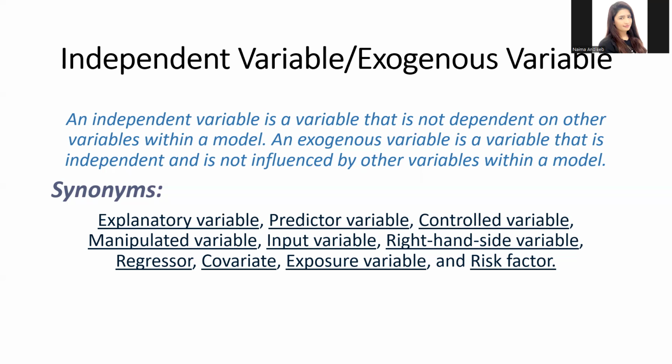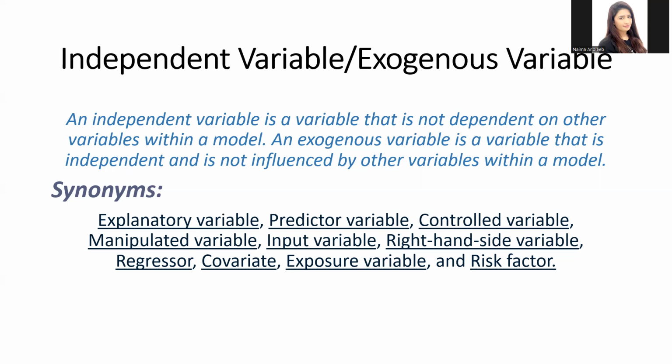Whatever control variables you have in your model, 1, 2, 3 or 4, they are independent variables. What are the risk factors? Again, independent variables. Exposure variables are the variables that make the difference to expose other variables, meaning dependent or mediator variables. The variables that are exposing other variables are called exposure variables.